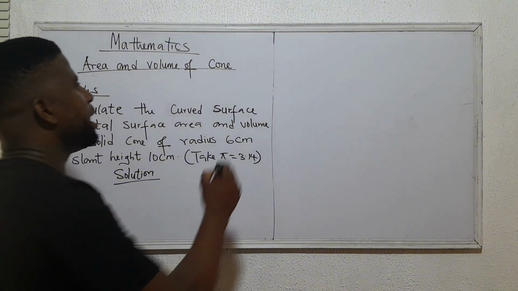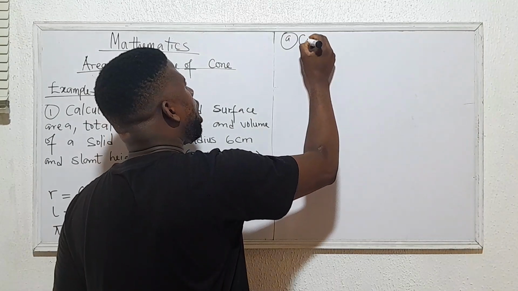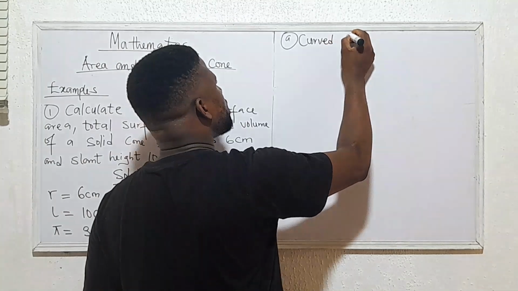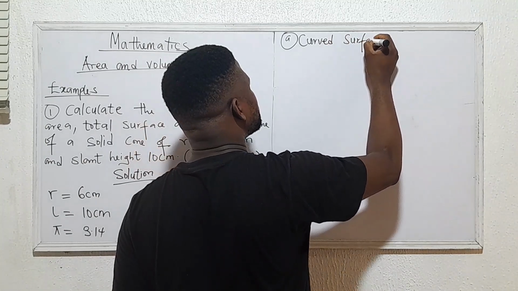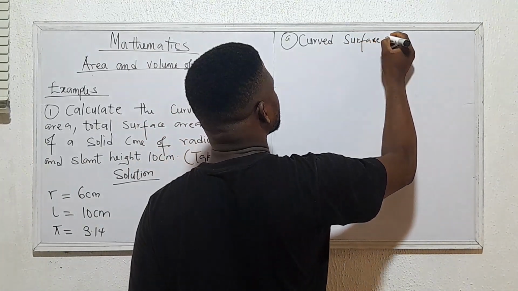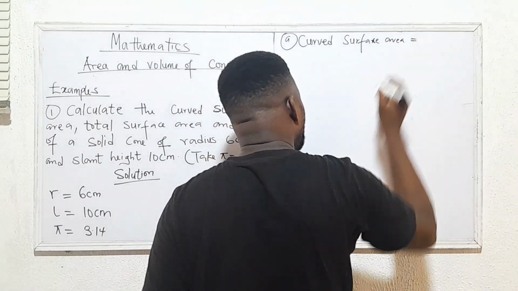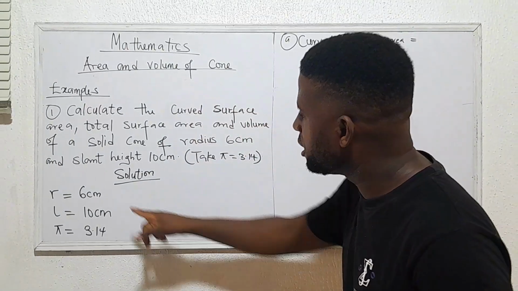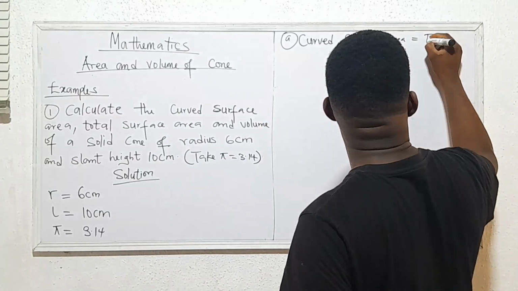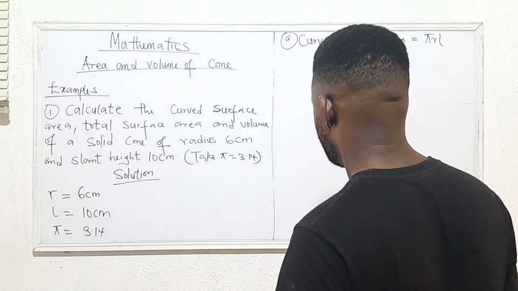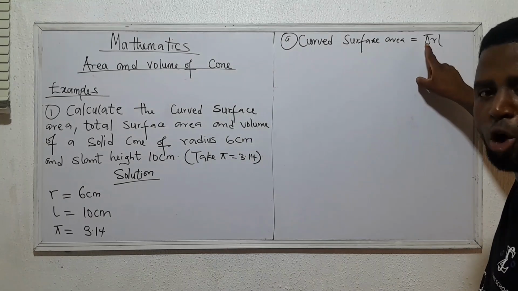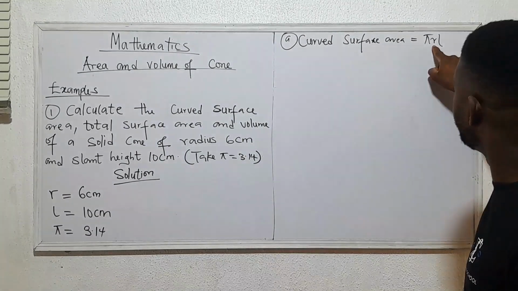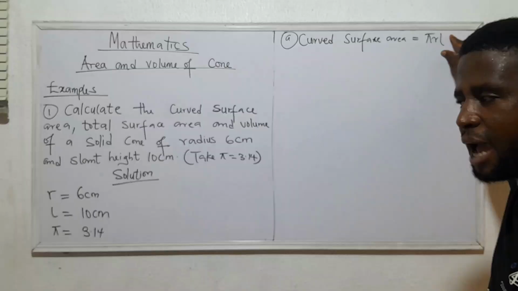Now, A, the curved surface area, when radius is given, is pi R L. That is the multiplication of pi with the radius and the slant height.